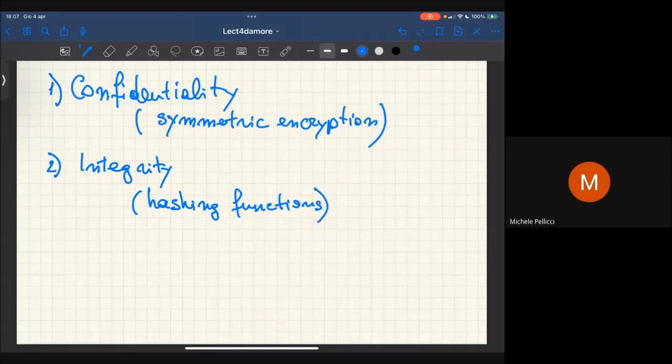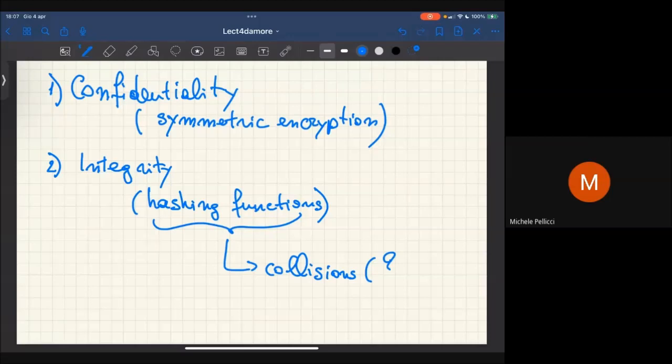We know that hashing functions can have some issues with collisions. In addition, we want the hashing functions we are using to be cryptographic.